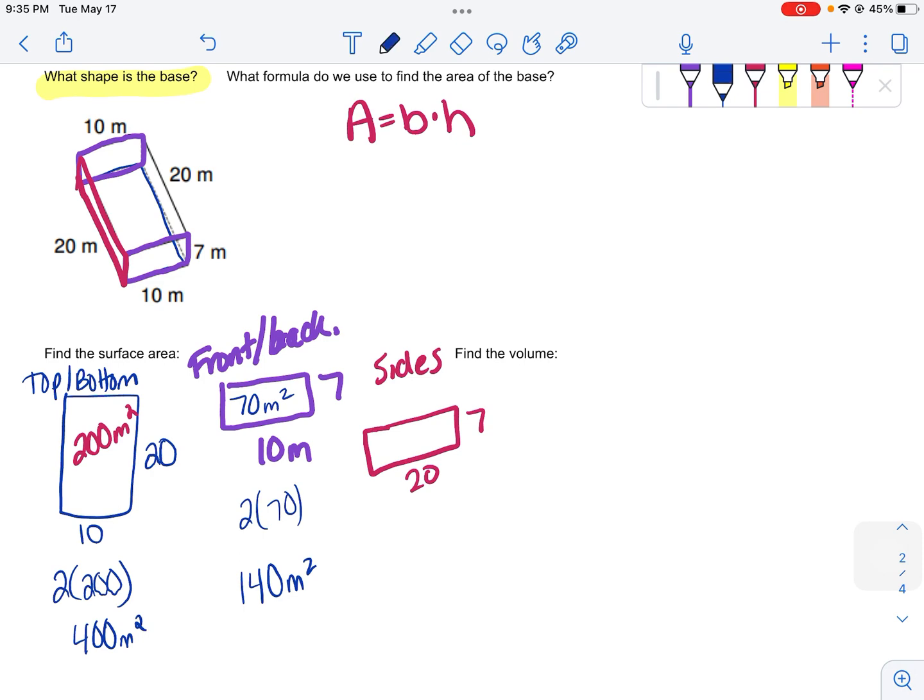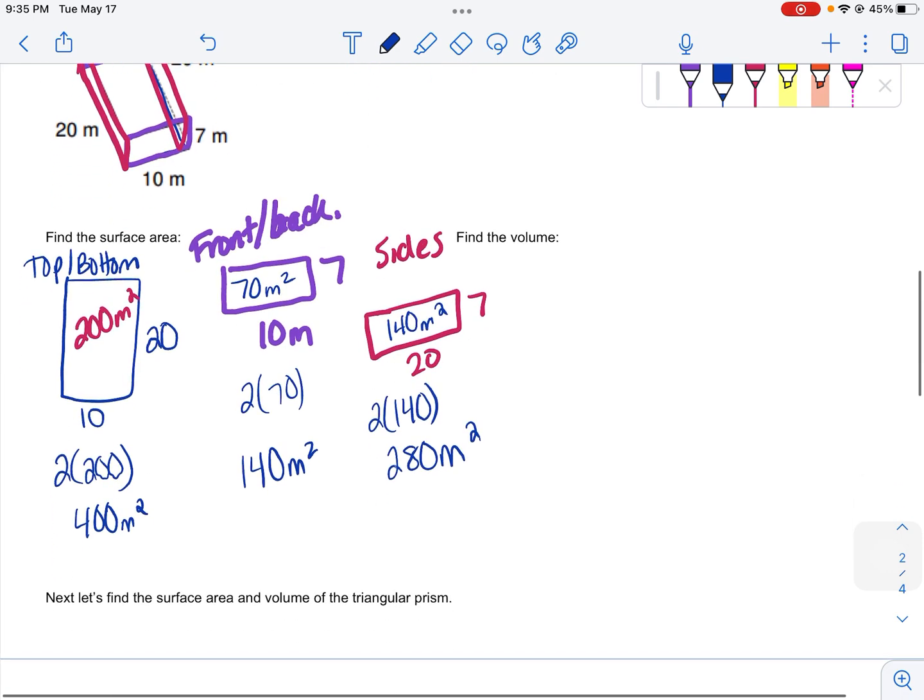So 20 times 7 would give me 140 square meters. And just like the top and bottom and the front and back, there are 2 rectangles with those dimensions. So once we find the area for one, we take 2 times that area, and we'll get 280 square meters.